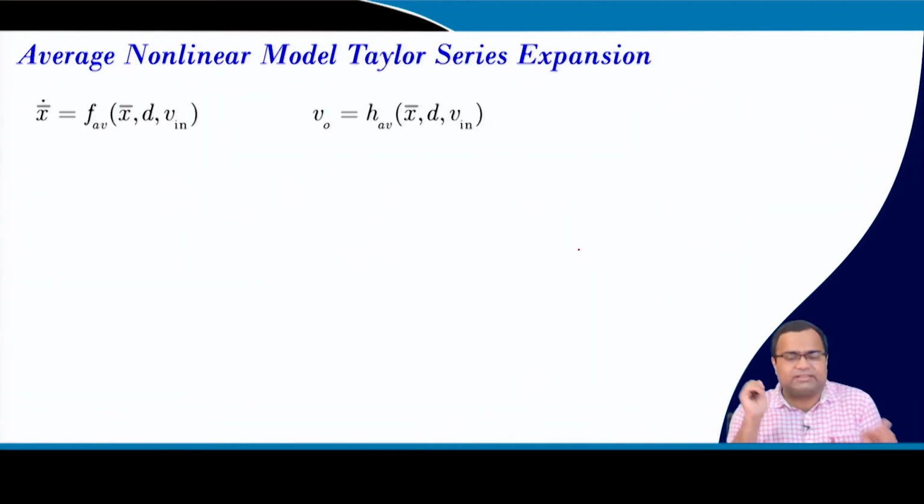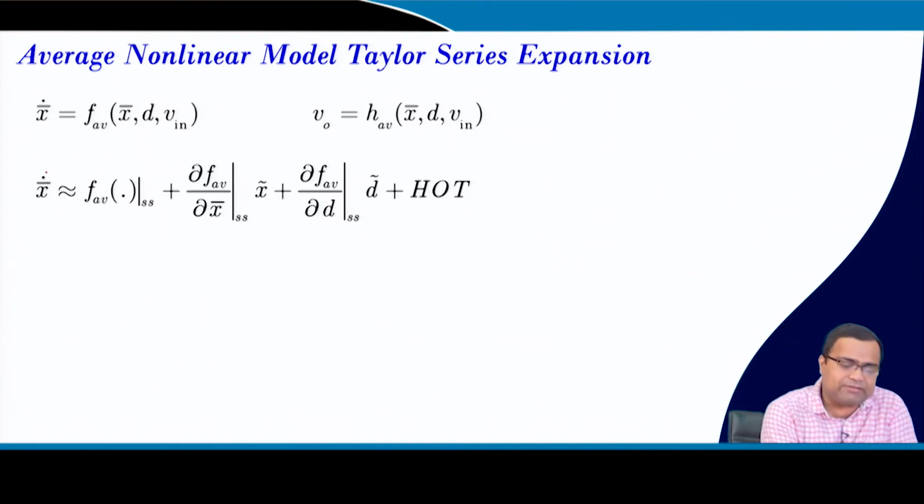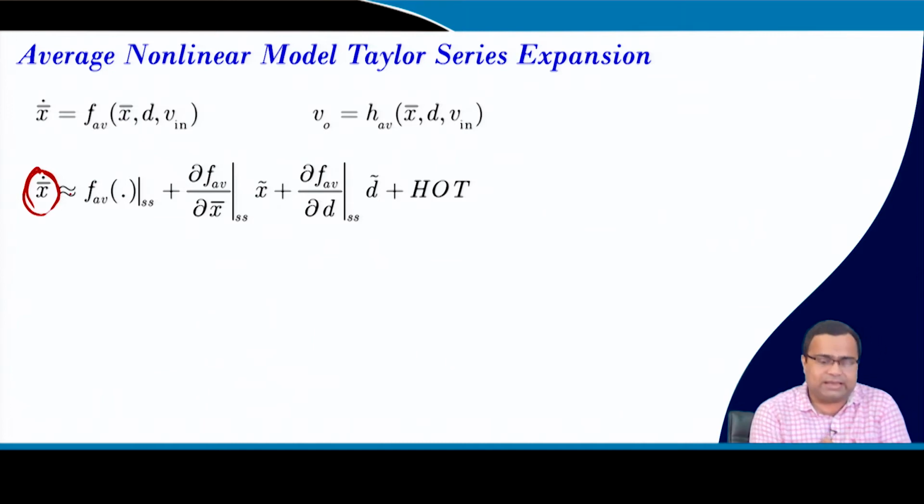Next, this average quantity we can write in Taylor series, because we have an average dynamics that can be replaced approximately by this function at a certain point.